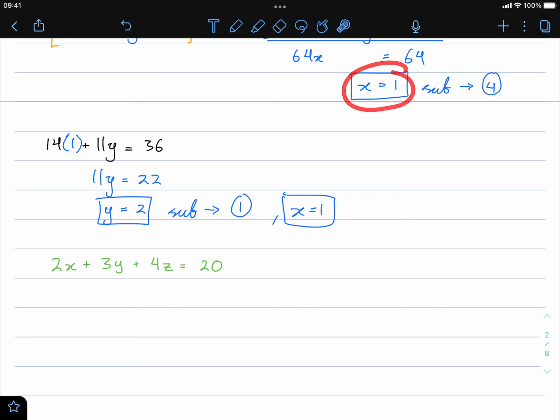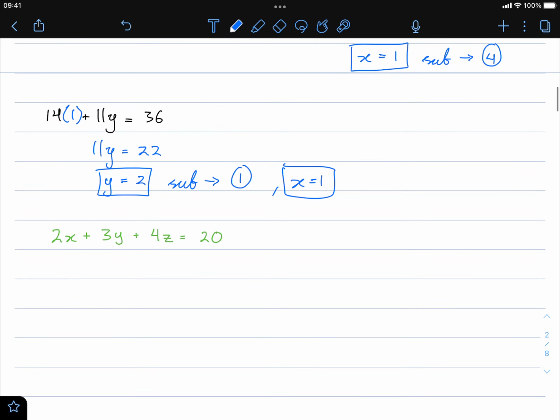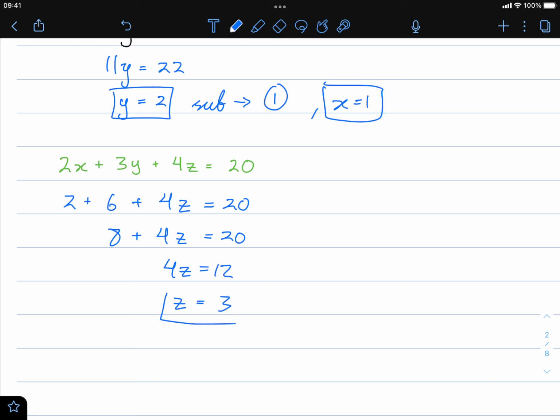So substitute here and substitute here. This will give me z. So 2 plus 3 times 2 is 6 equals 20. 8 plus 4z equals 20. 4z equals 12. z equals 3.